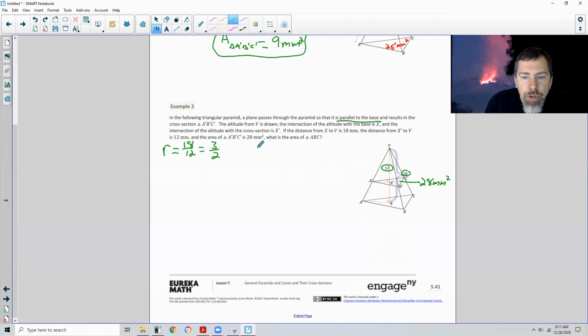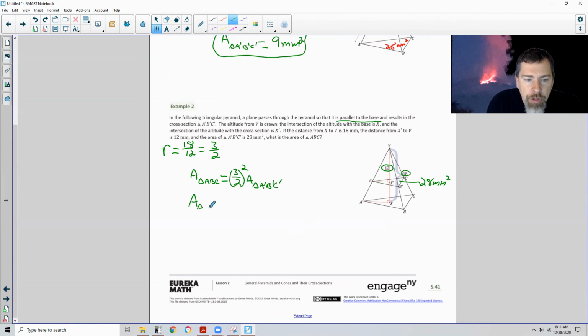Okay, so if I want to know the area of triangle ABC, I'd write the area of triangle ABC equals 3 halves squared times the area of triangle A prime, B prime, C prime.